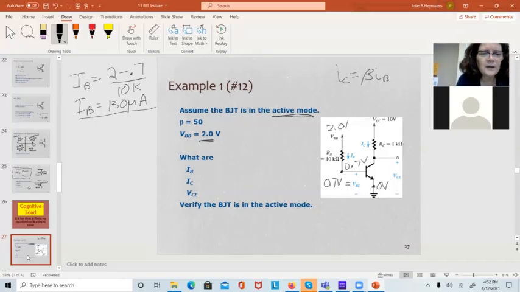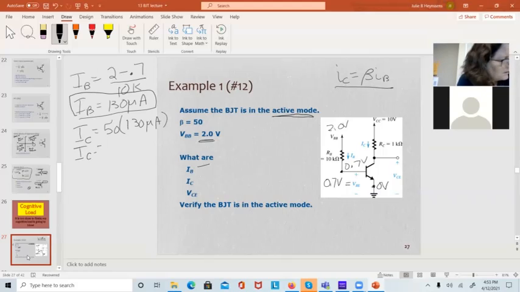Okay, so we've got IB. That was the first thing. IC is beta IB. So IC is 50 times 130 microamps. And we can get IC is 6.5 milliamps.